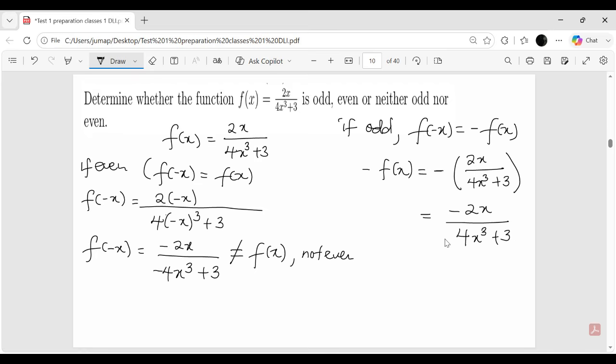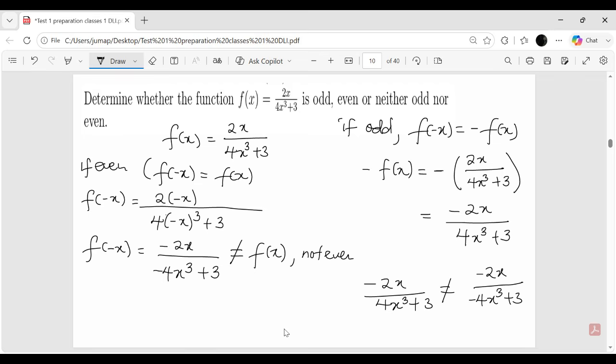Now, if I look at this, is it equal with this? No, it's not equal. So we're able to see that negative 2x over 4x to the power 3 plus 3 is not equal to negative 2x over negative 4x to the power 3 plus 3, which is f of negative x.